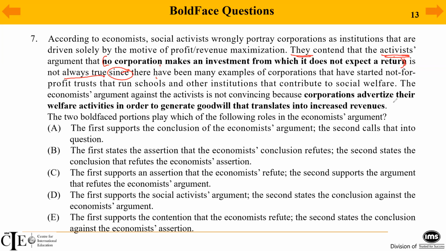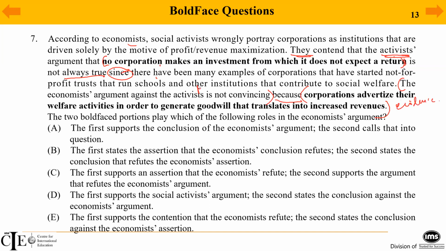But as you come to the next sentence, the economist's argument against the activists is not convincing. This is the conclusion of the overall argument. So economists are saying these things, but their argument is not convincing against the activists. Why? Because this is the evidence.